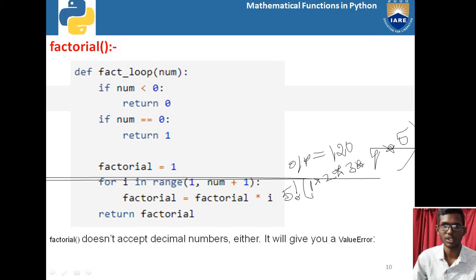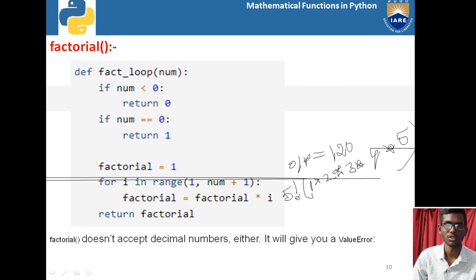Now we take a equal to 4. We get 4 factorial equal to 24, that means 1 into 2 into 3 into 4, 24. That is how we get a factorial value, by using for and range functions in this program. The main point is, in factorial we get output only for int values.